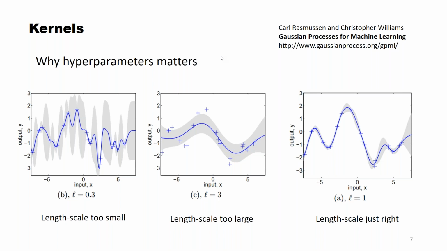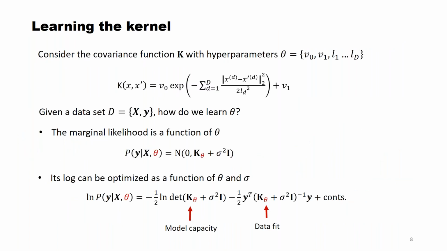So is there a way to learn these hyperparameters, not just set them by hand, but learn them in a more automatic and more principled way? And the way to do that is, we still have this machinery of likelihood functions.